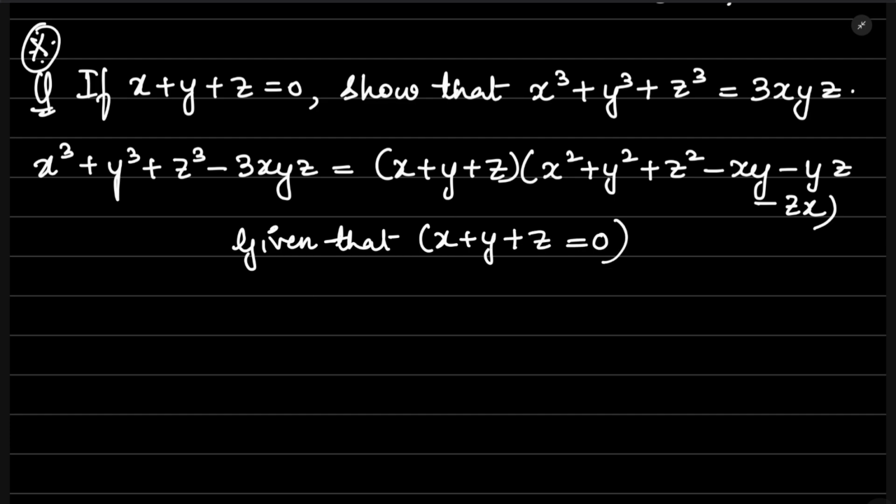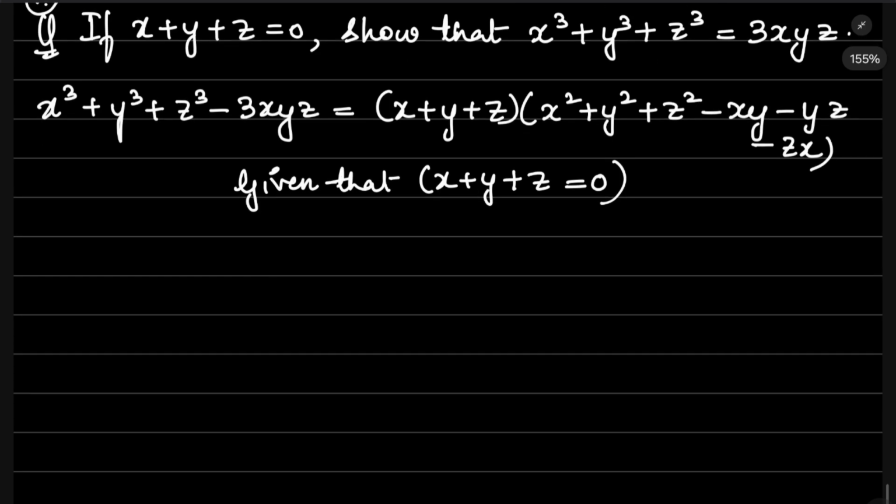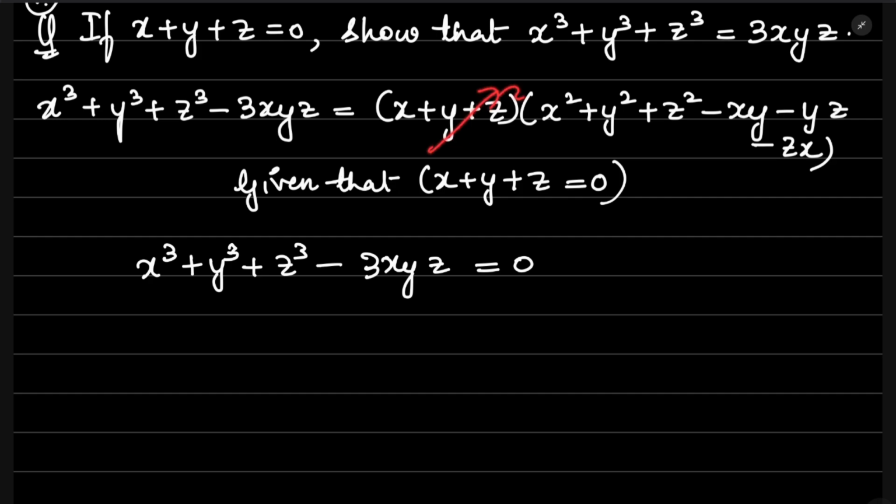So the whole of this term will become 0, right? So x cube plus y cube plus z cube minus 3xyz equal to 0. The whole of the RHS term will become 0, since 0 multiplied by any number will be 0. So therefore x cube plus y cube plus z cube equal to 3xyz. Hence proved.